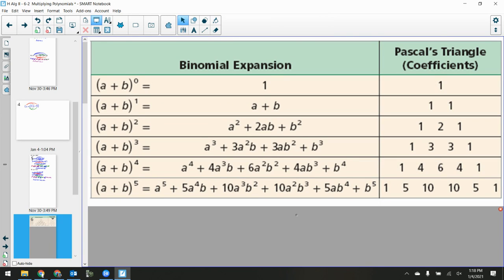You guys ever hear of Pascal's triangle? Let me first start off by telling you how to construct Pascal's triangle. Now, Pascal's triangle is not something that Pascal made up. He just saw patterns and wrote them down.